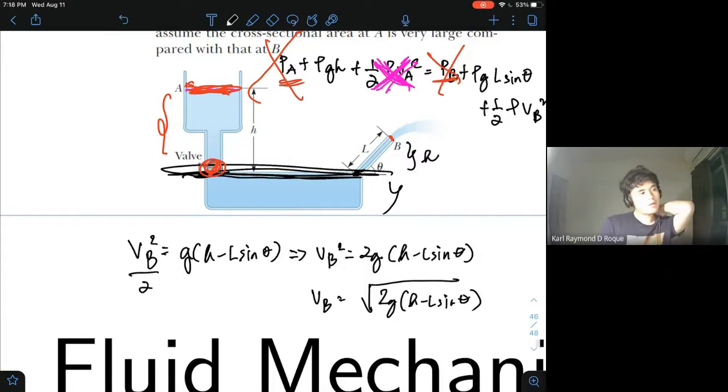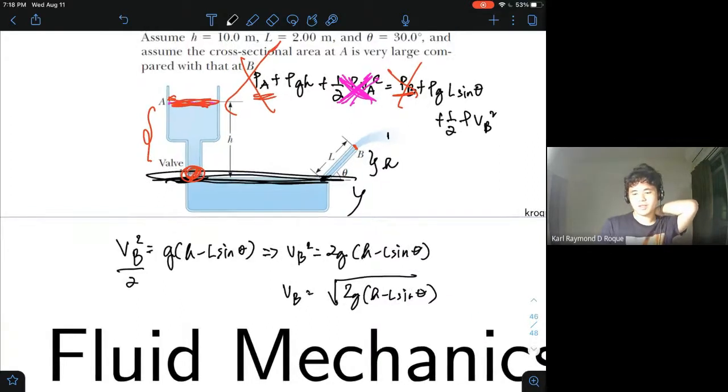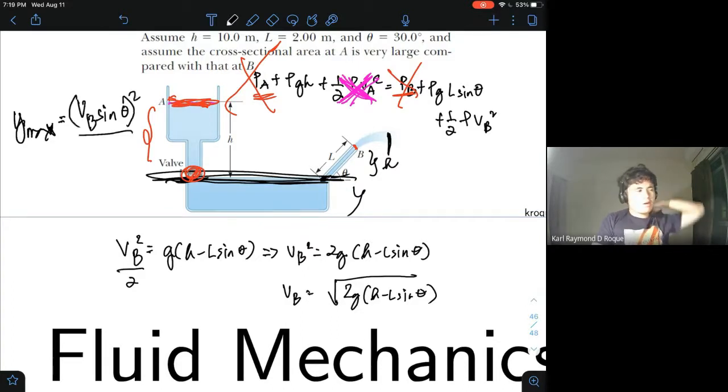Ngayon, mag-kinematics tayo to get the maximum point. Paano yun? Di ba projectile motion yan? Dali lang yan. Pag projectile motion with a flat surface, ang max height equals to V_iy, V_0 sin theta squared over 2g.